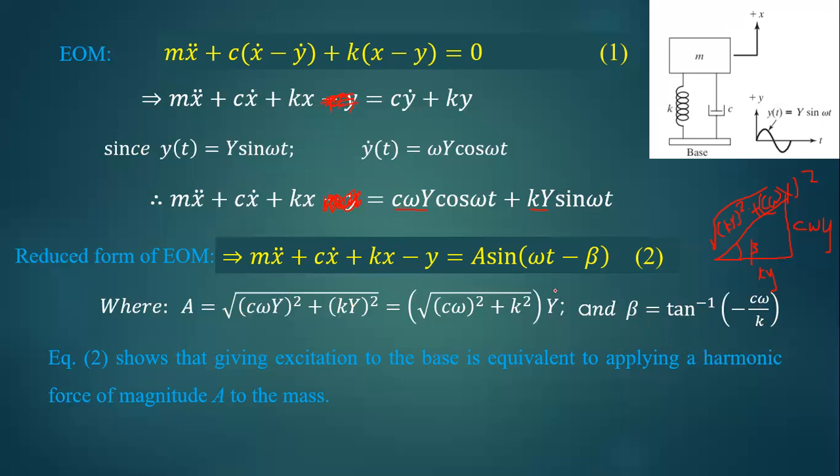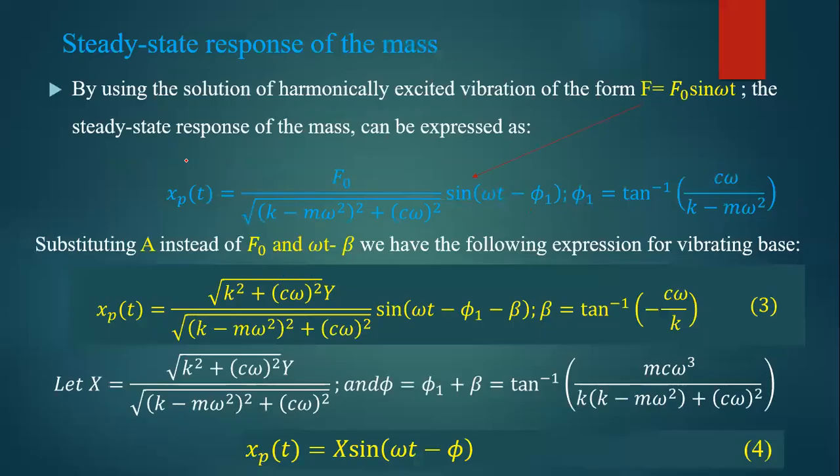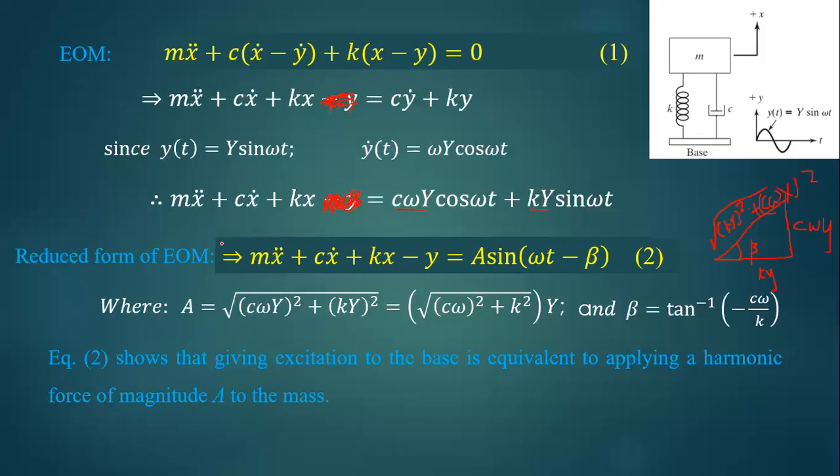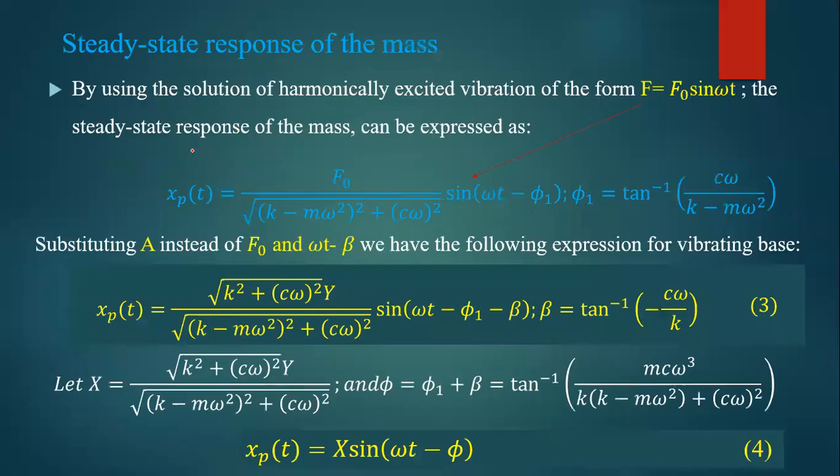So substituting this, we now have the steady state amplitude of this type of equation, because as we know, we have derived the formula for this type of equation. The steady state amplitude is F naught over the square root of ((k minus m omega squared) squared plus (c omega) squared), for the forcing function F naught sine omega t.